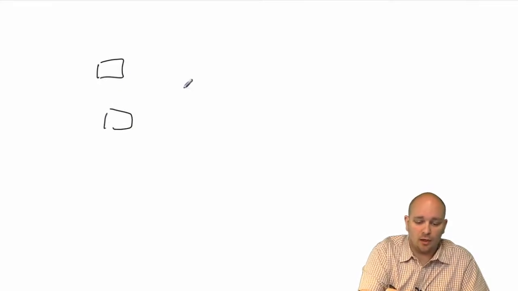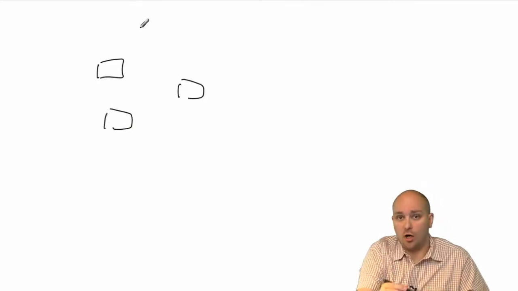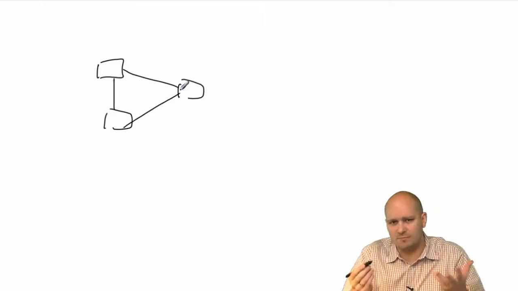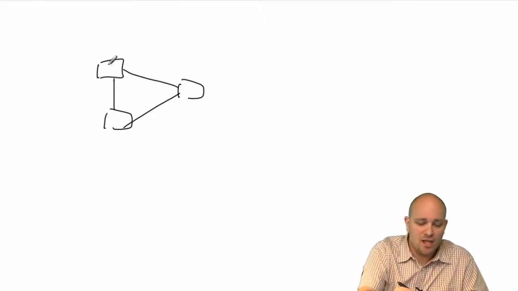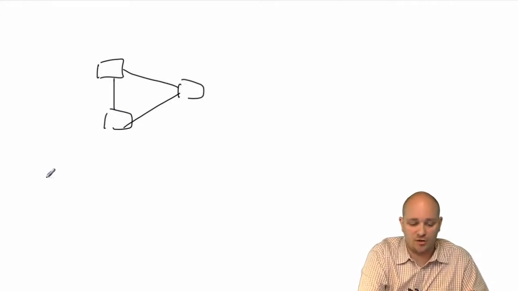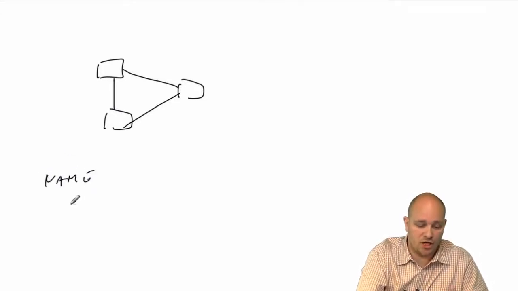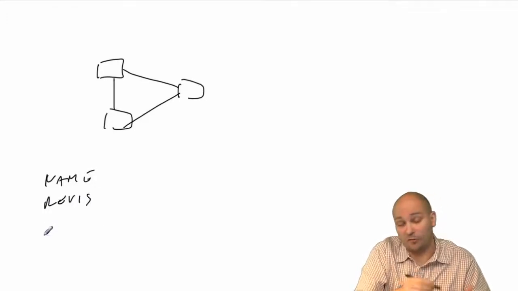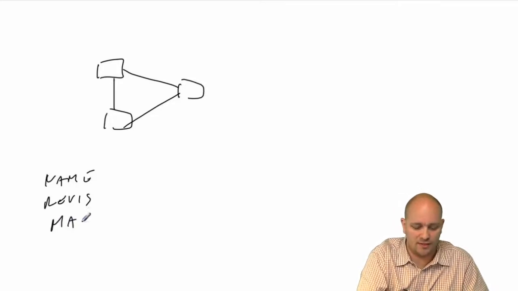Or to put this in more practical terms, let's say that we have a couple of switches in our network, and these switches are configured with these same parameters, and let's say that they're interconnected. It doesn't matter how they are actually interconnected. So let's say that these switches are sharing the same domain name, the same revision number, and the same instance to VLAN mapping, or VLAN to instance mapping, so I'm just going to call this a map.